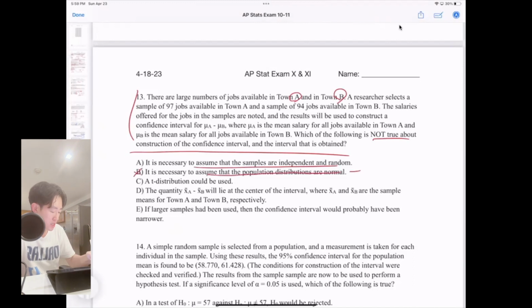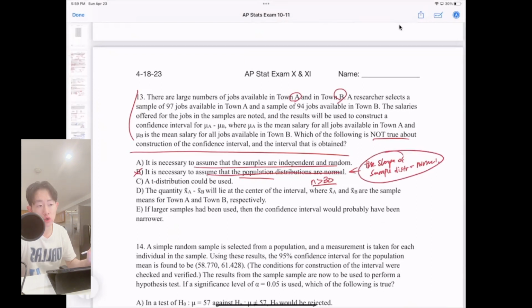Nope, this is not true, because it doesn't matter what the shape of the population is, because the shape of the sampling distribution is always going to be normal anyway, so it's not necessary that the population distribution is normal. As long as the sample size is greater than 30, we can just assume normality from the sampling distribution anyway. So it's not a must situation. So B should be the correct answer.